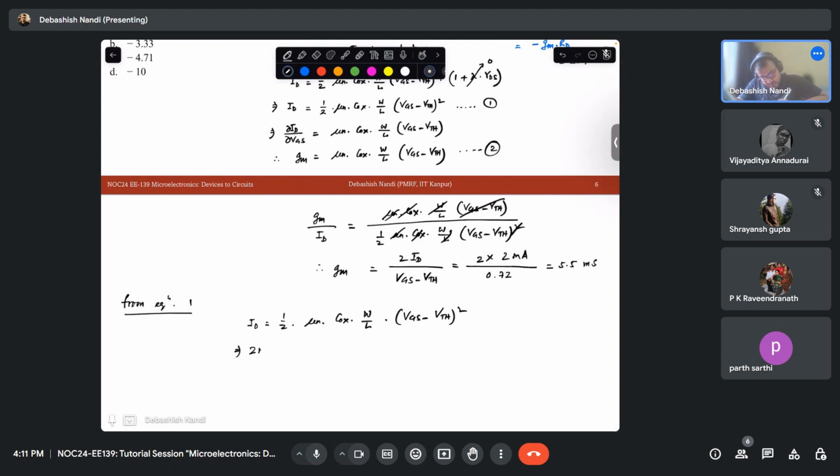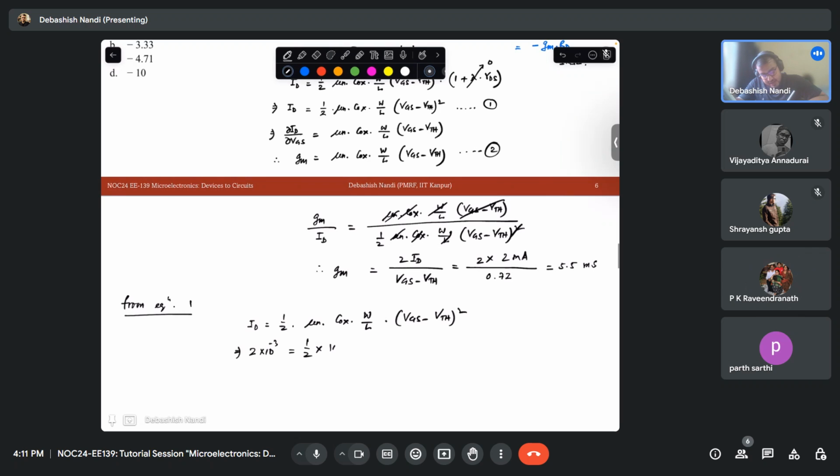So we had 2 milliampere, then we had half, then we had mu n Cox, we had 100 into 10 raised to minus 6, we had 10 over 0.18, and then we had VGS minus VTH whole square. Okay, so this gets cancelled.